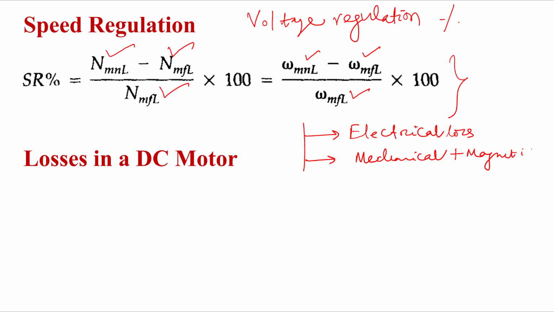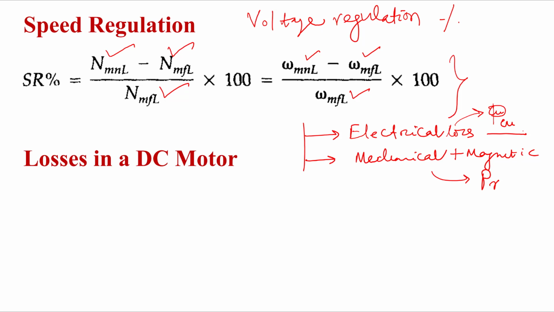So this we represented through PR, right? And this electrical loss is your copper loss, or we generally wrote it as PCU. Copper loss. Okay? So now, similarly in case of the DC motor also, the same kind of losses take place, only the power flow is in a different direction.